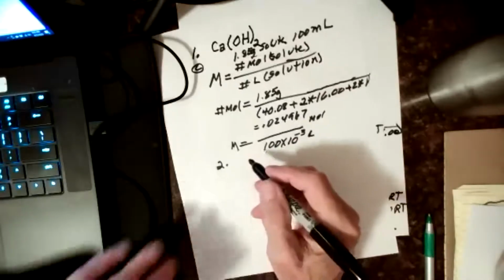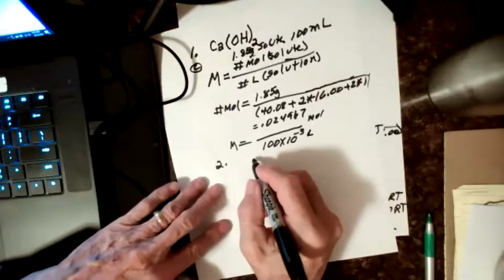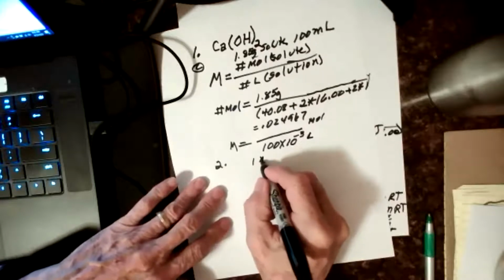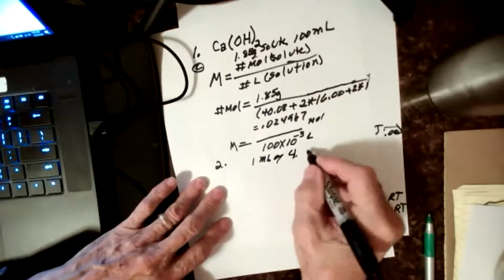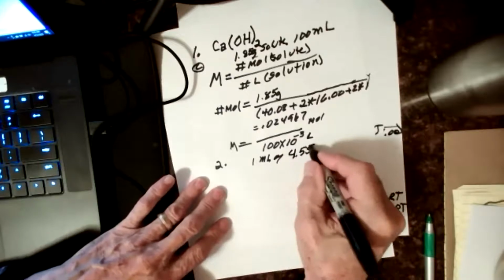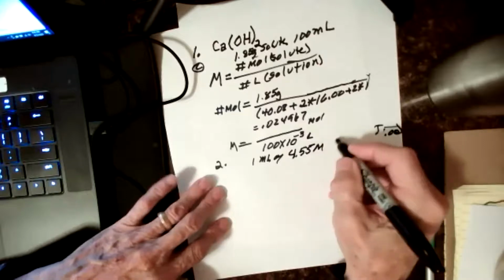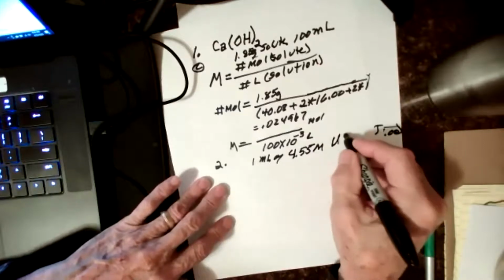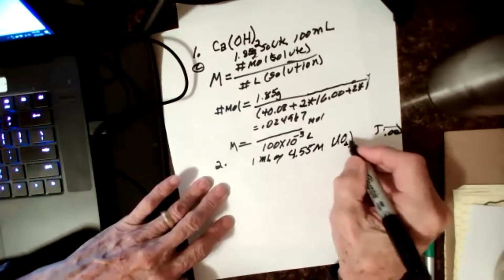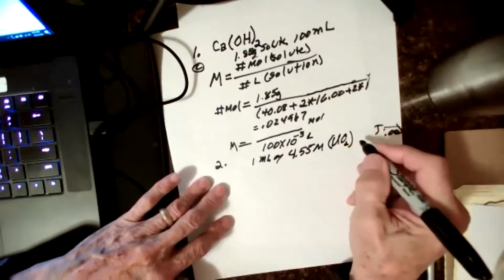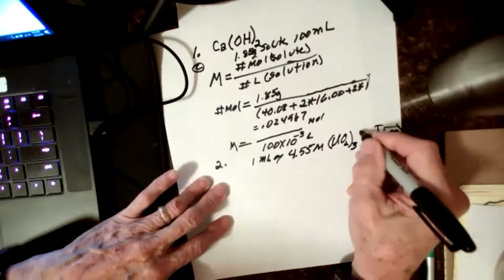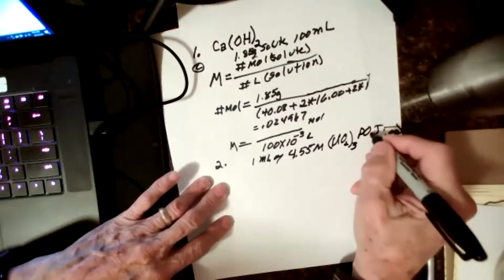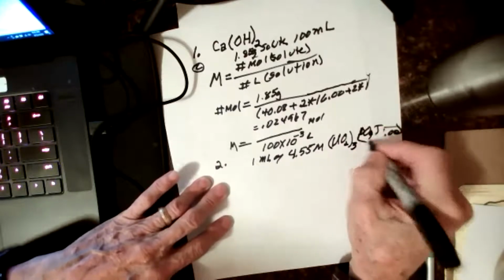Okay, here we go. Okay, we've got 1 milliliter of 4.55 molar, and it's uranyl, UO2, and that looks like a 3, PO4.